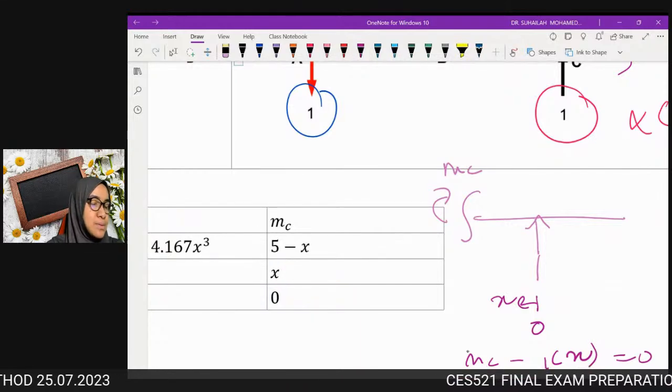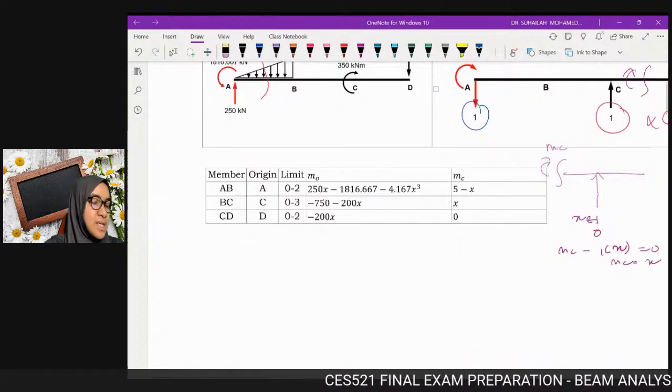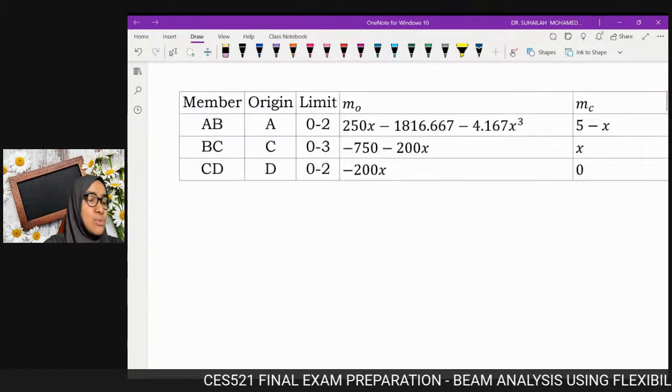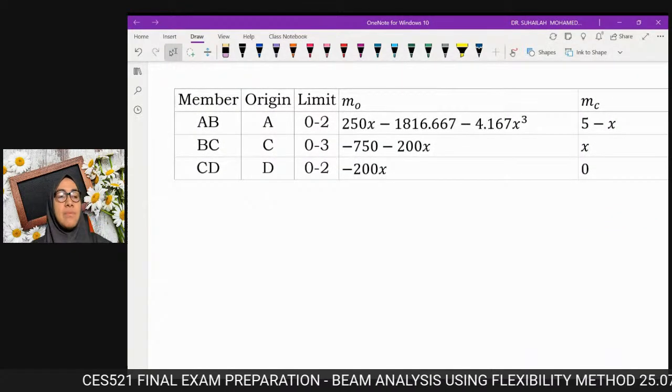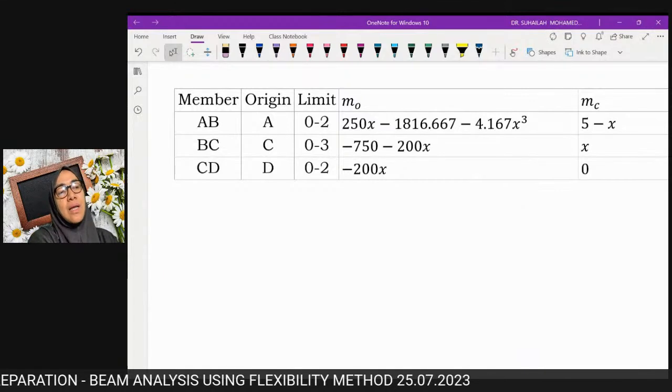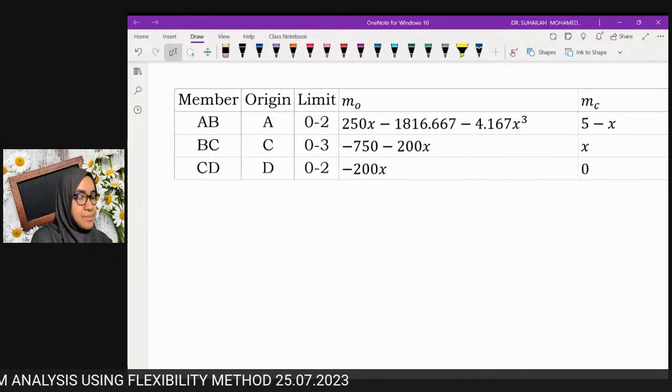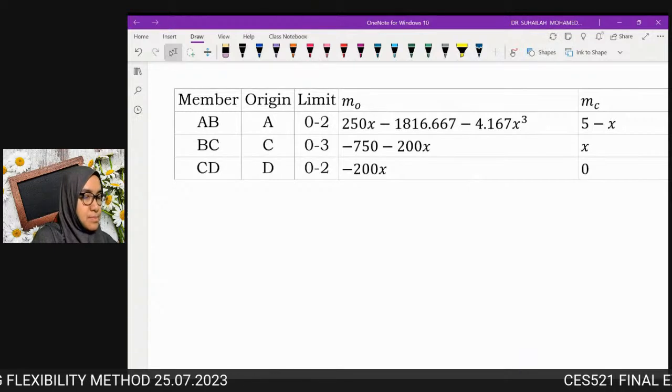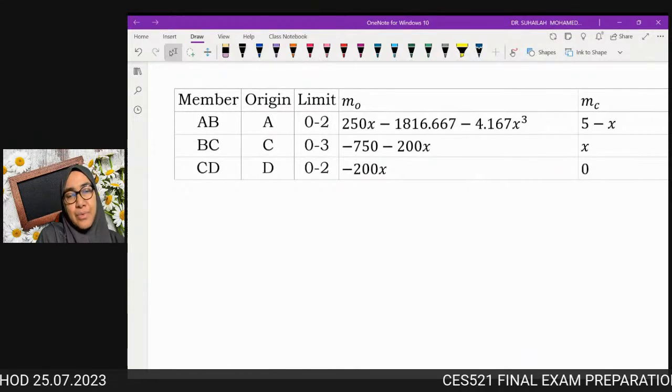Okay. So next step after this is we want to calculate the value.